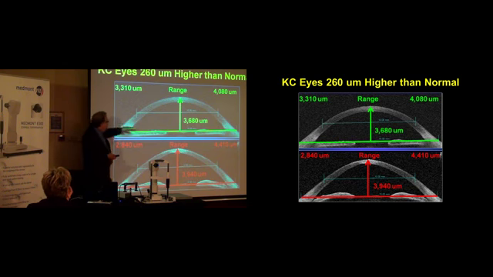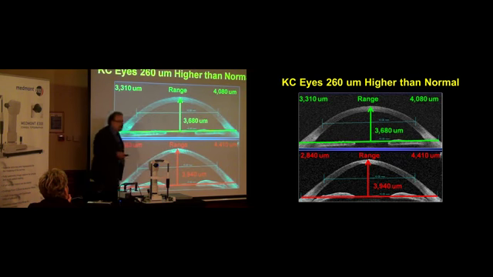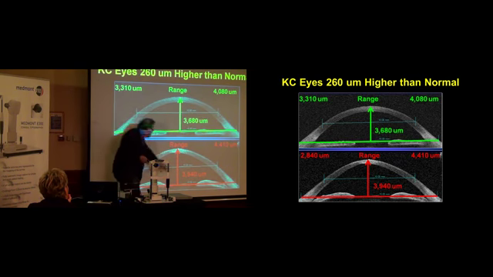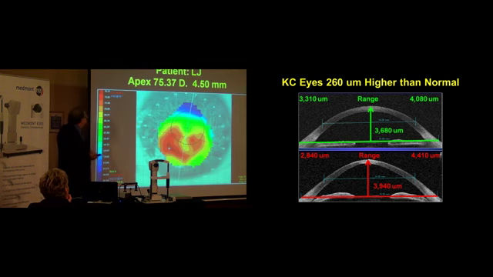When we compared the overall height from 15 to the apex of the cornea, the normals were 3,680, the keratoconus 3,940, and again a 260 micron difference.